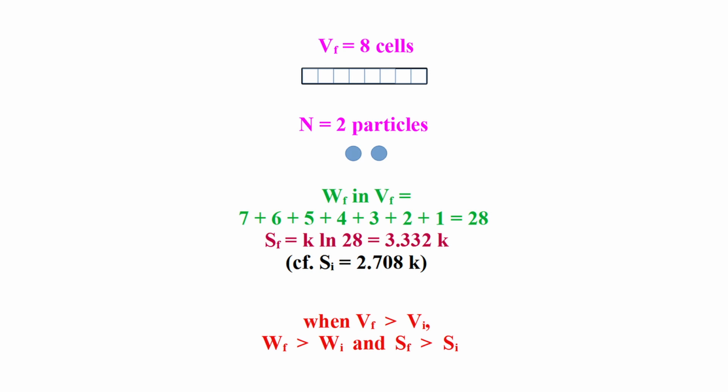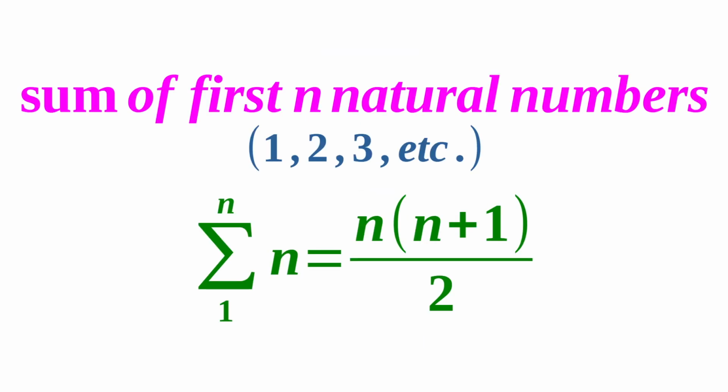Thus, an increase in volume always leads to an increase in entropy due to an automatic increase in the number of microstates. Notice that W in each case happens to be the sum of the first n natural numbers such as 1, 2, 3, etc.